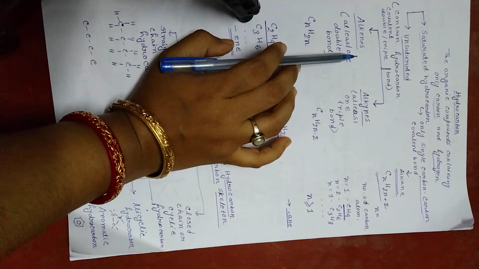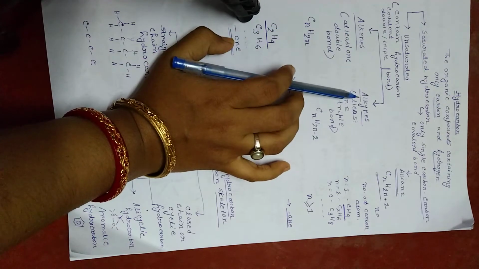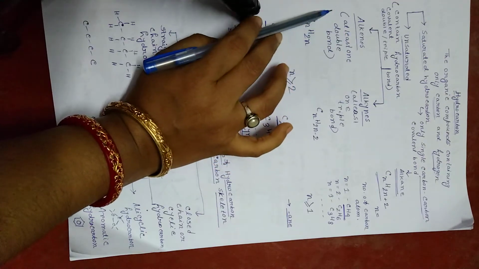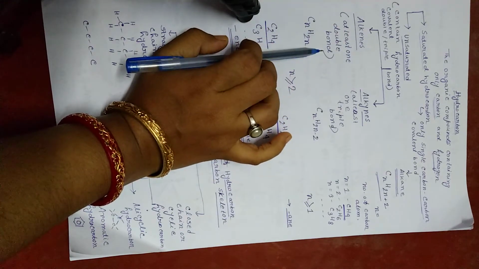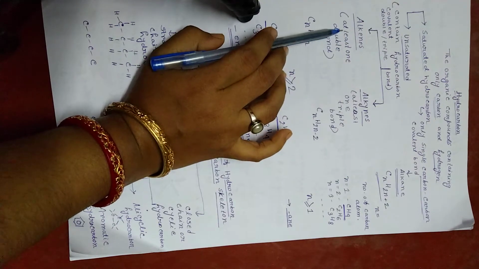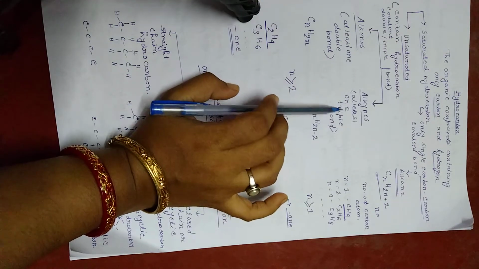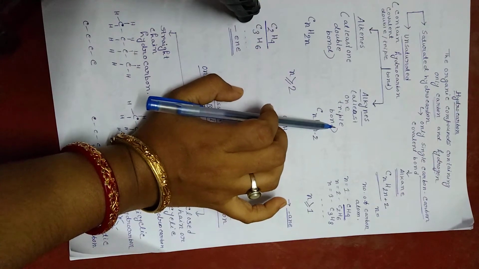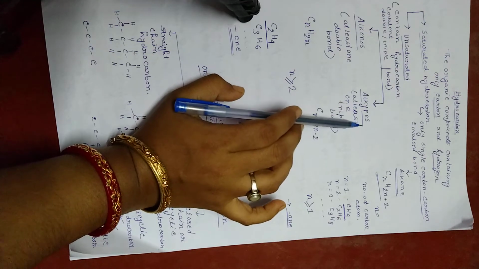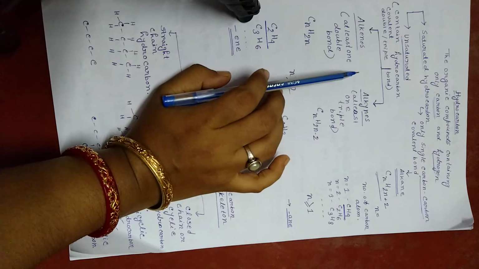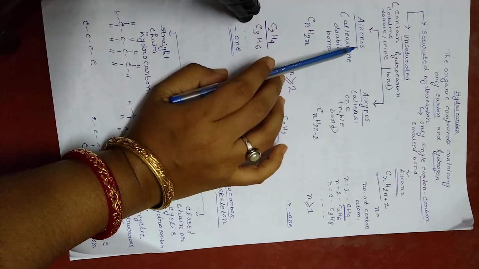Remember that in case of alkenes, at least one double bond is present, and in case of alkynes, at least one triple bond is present. When a triple bond is present in an unsaturated hydrocarbon, it is called an alkyne, and when at least one double bond is present, it is known as an alkene.